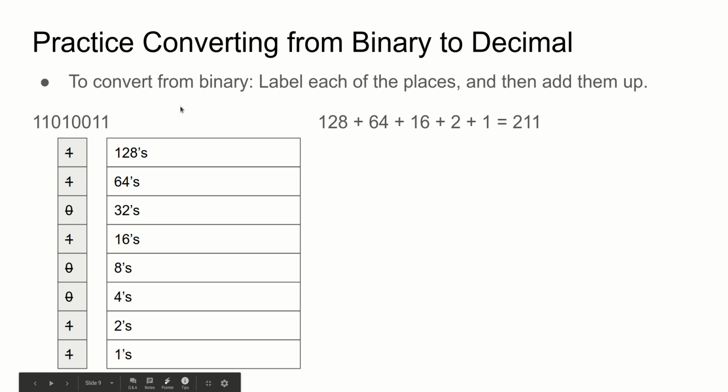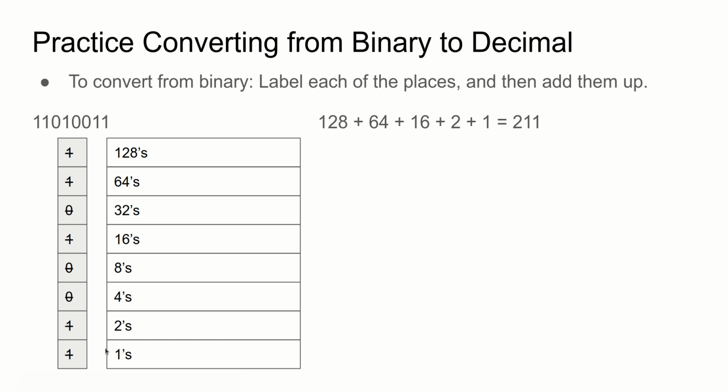And we got that by knowing what those place values are. Just like the 1s, 10s, and 100s, there's the 1s, 2s, 4s, 8s, and so on. These powers of 2 that are represented at each place in our number. And we labeled those different place values. And then we just started from the largest one downward and added them up.